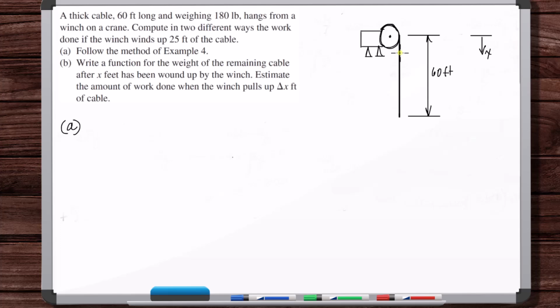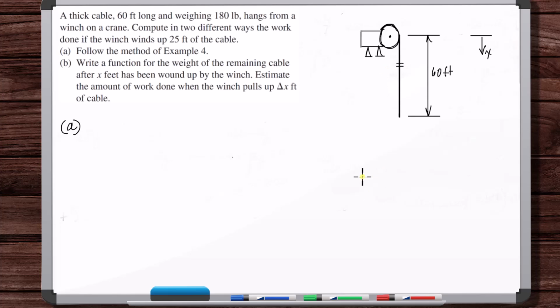So the force is changing, and the distance is changing as well. It's kind of confusing. And so what example 4 did was it said, okay, let's take 60 feet divided by n, breaking this cable up into n pieces. They're going to have equal width delta x.